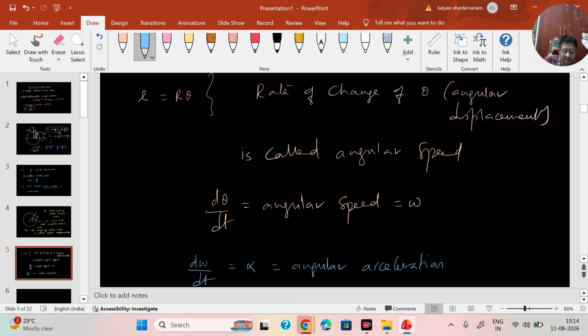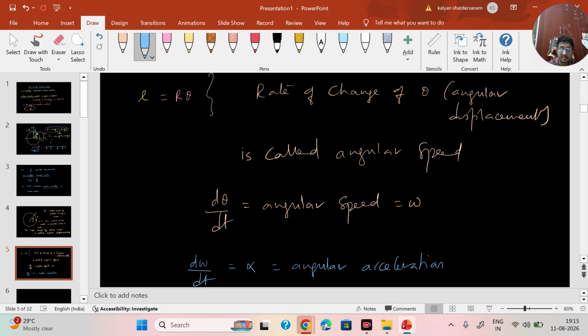So let me once again put these things in perspective. Angle covered by the particle is the angular displacement. You can also define it as angle swept by the radius vector. What is radius vector? Line joining center of circle to the particle is radius vector. Whatever angle the radius vector sweeps, that is angular displacement.